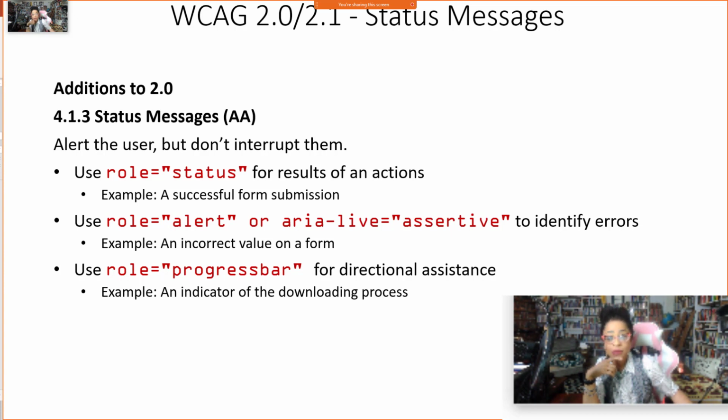The progress bar role also indicates that the user request has been received and the application is making progress towards completing the requested action. So that's a very important role when you are implementing a process.